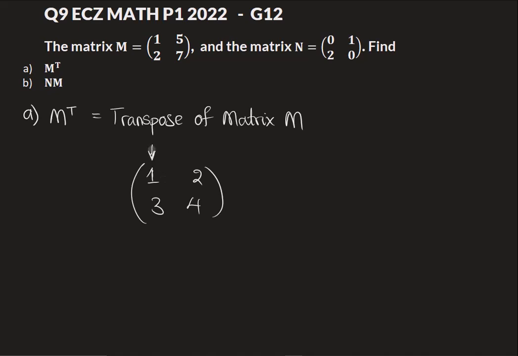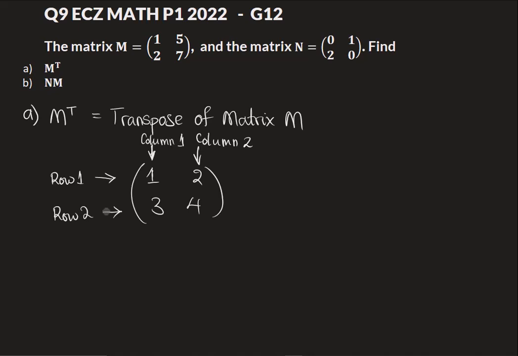If we go in this direction, this is our first column, column 1. This here is column 2. Then in this direction we've got row 1 and we've got row 2. This you should always know.